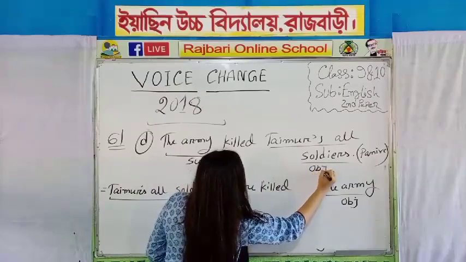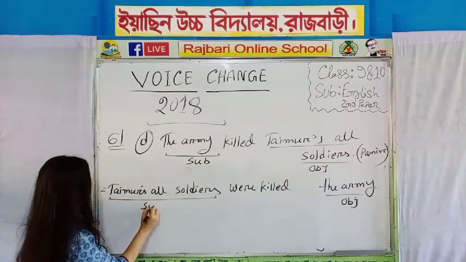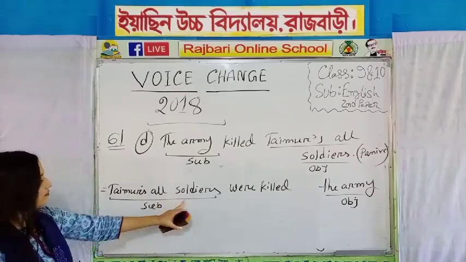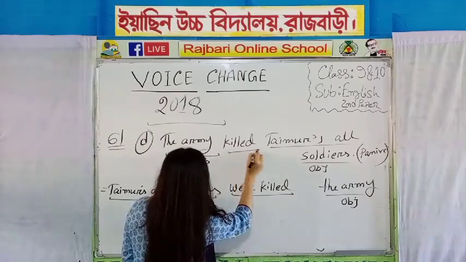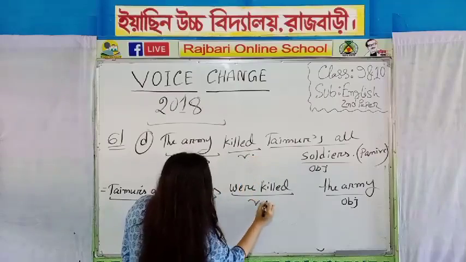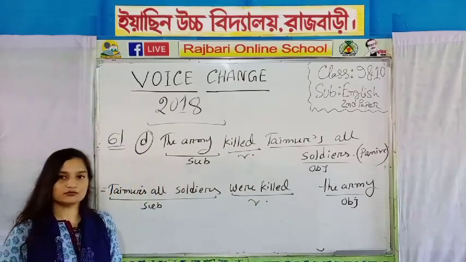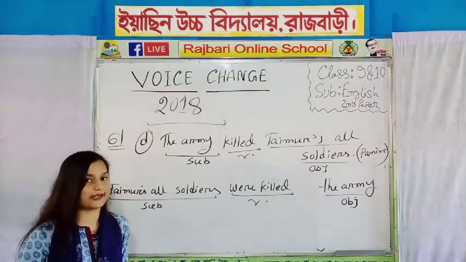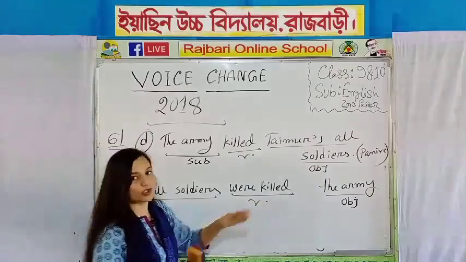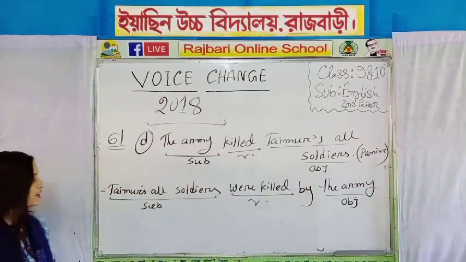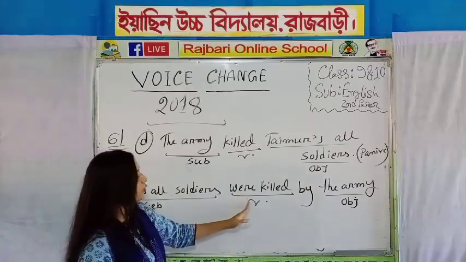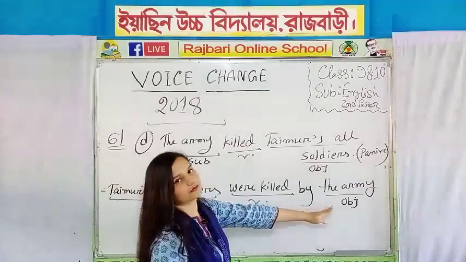It was our object, so we made it subject. Then it was verb. Okay, then we have to do what is missing here. Okay, here the missing word is by. Right? So Toimur's all soldiers were killed by the army.